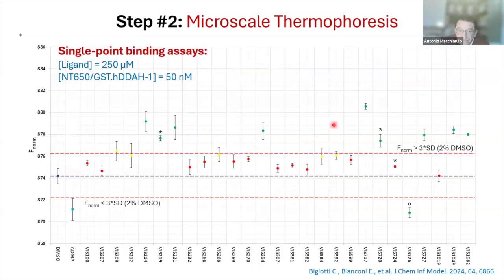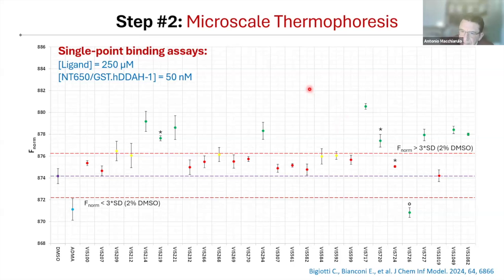So, having confirmed the integrity of the protein upon the labeling procedure, we ran single point binding assays for all the compounds that were selected as virtual hits from molecular docking.